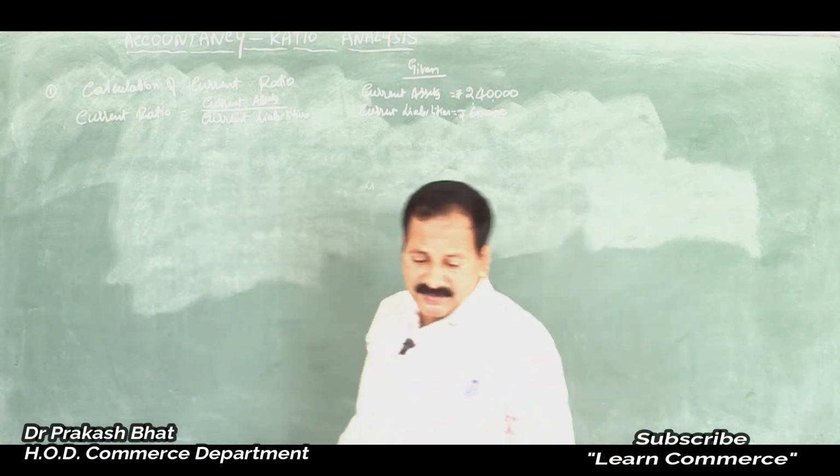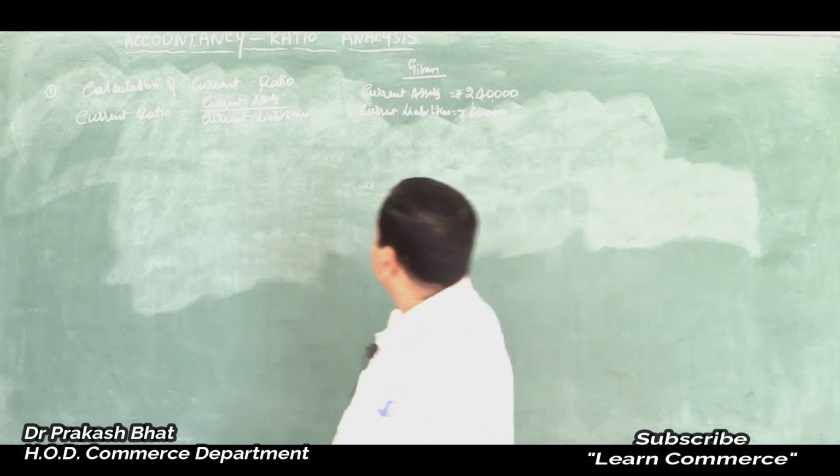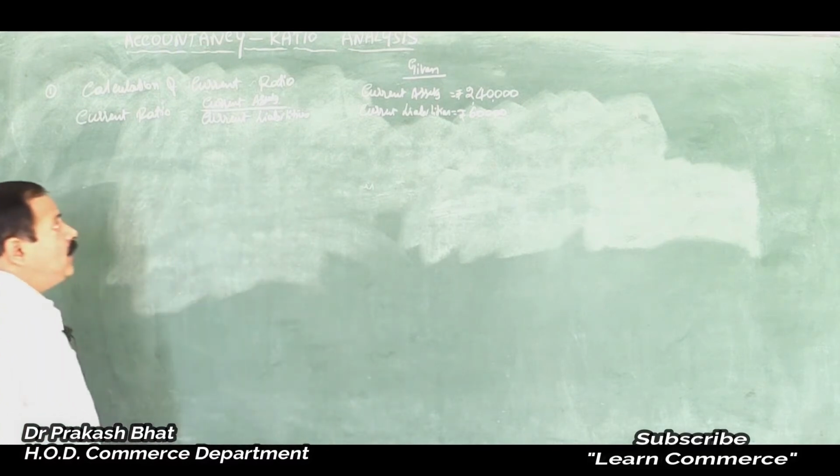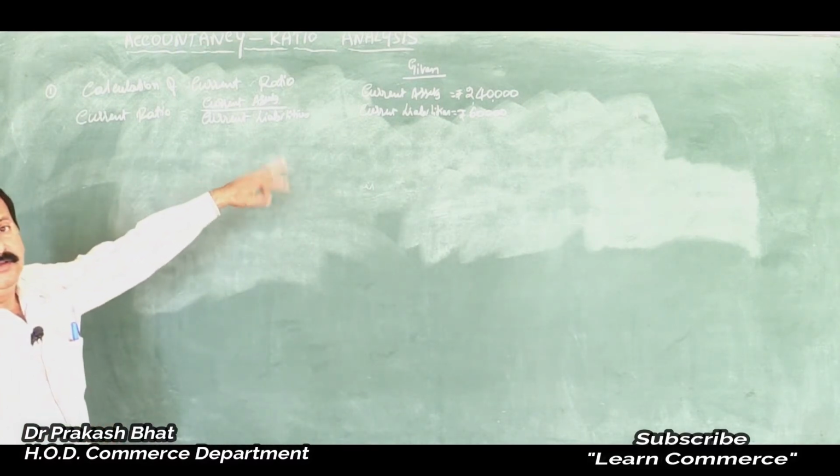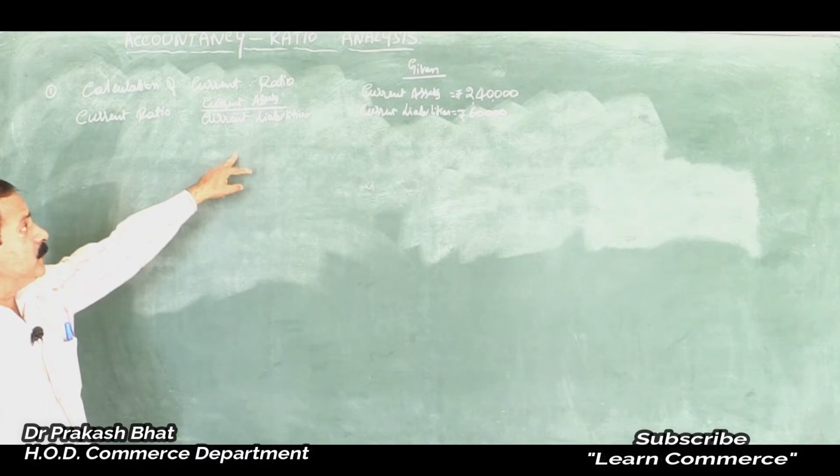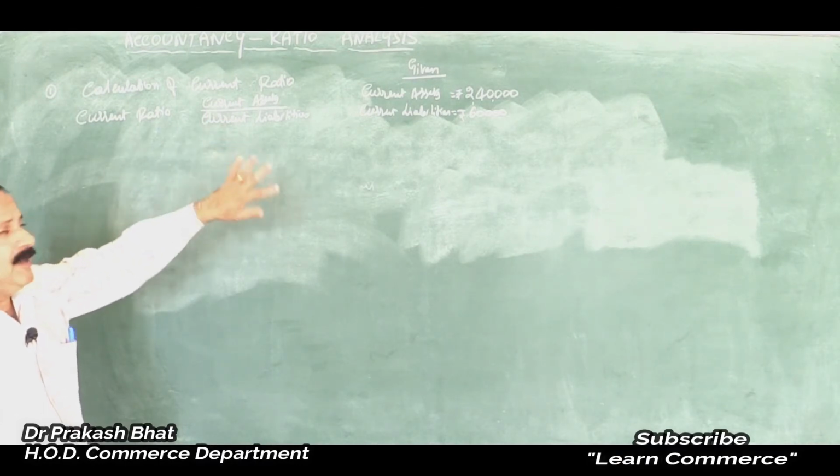Then what else is given? That's the only thing we read. We got all the information that is required to solve the problem, right? Current assets and current liabilities are given in the problem.